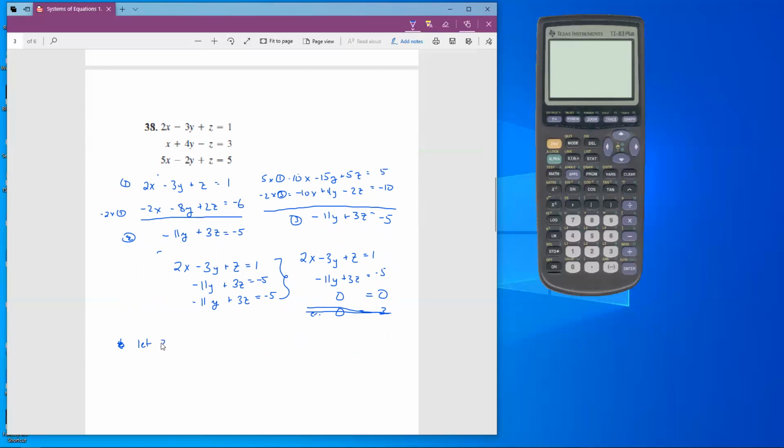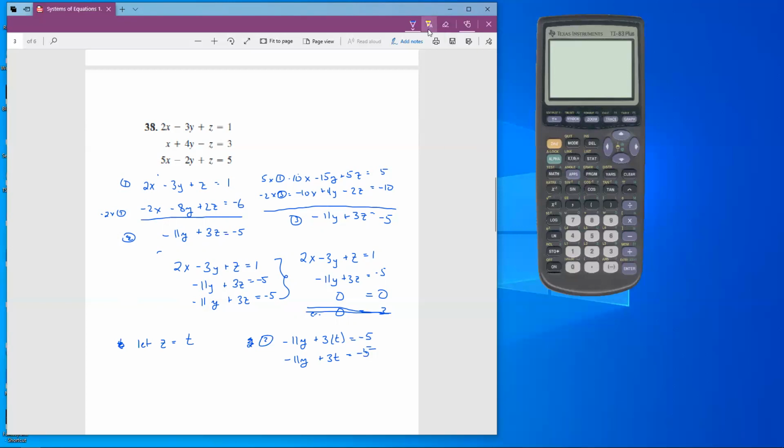But we're going to say let z equal to some parameter. Okay, let t equal z. Let z equal t. So what we're going to do here is work on equation 2. We have negative 11y plus 3t is equal to negative 5.